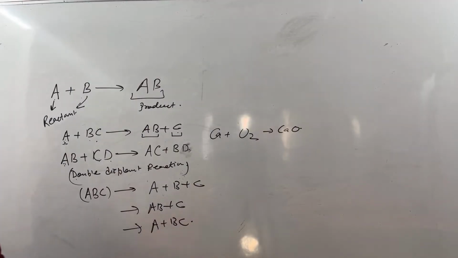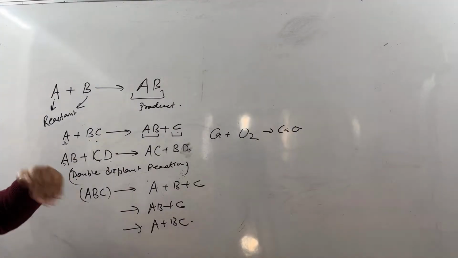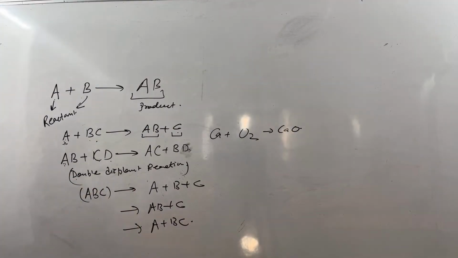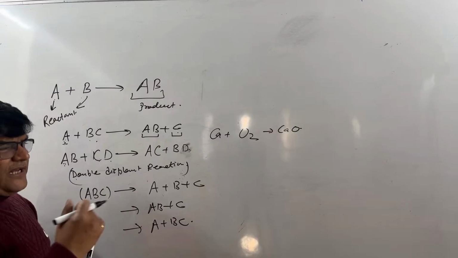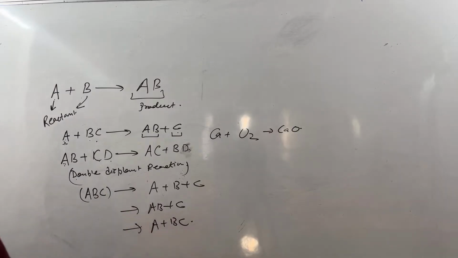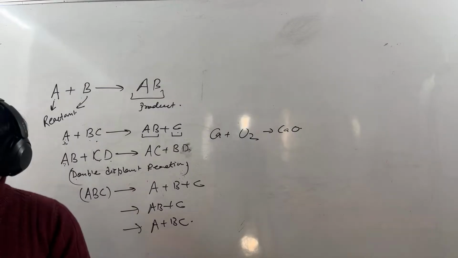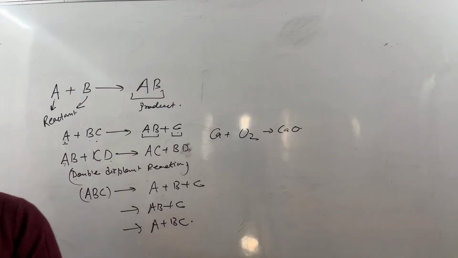Here calcium is reacting with oxygen and calcium oxide is formed. So it is an oxidation reaction. And sometimes some other reactions may also take place where hydrogen is added. If hydrogen is added, in that case we say it is reduction.